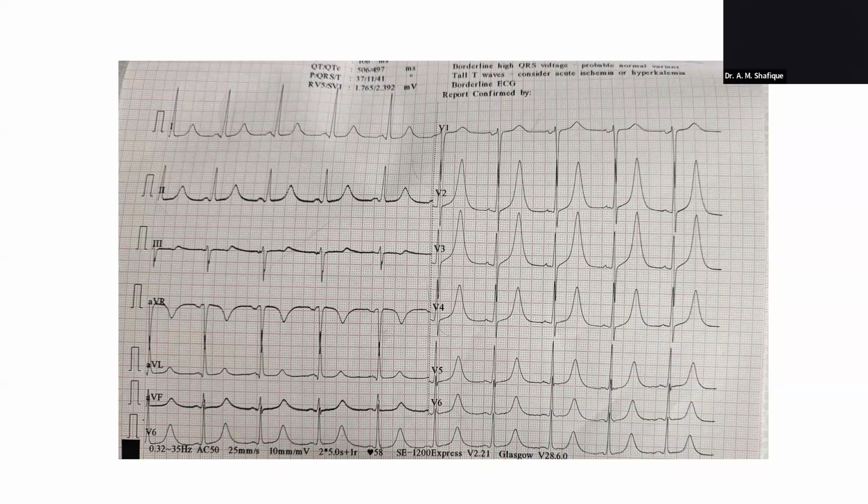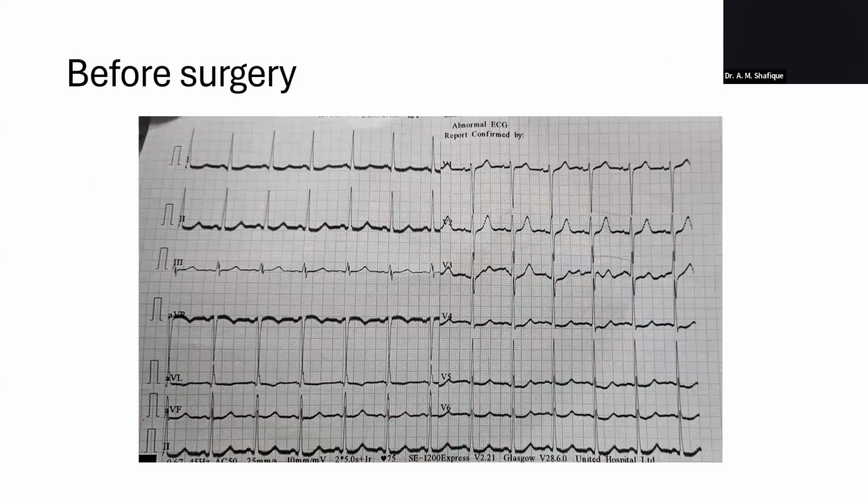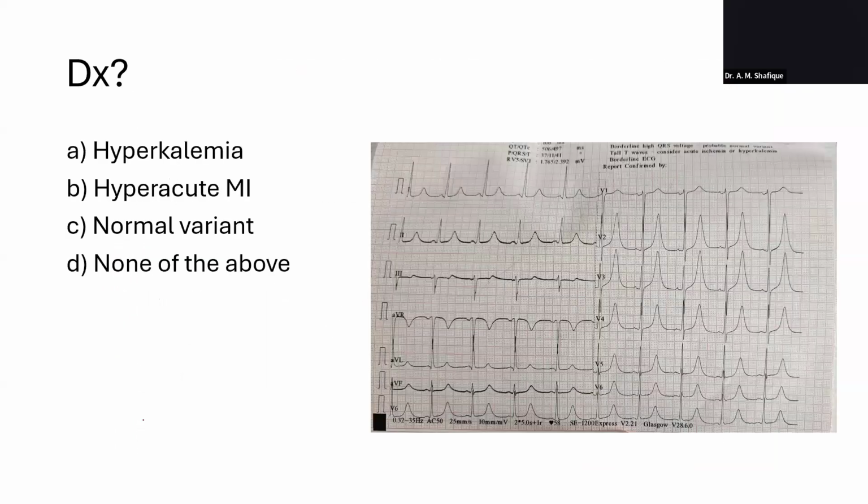Normally I could not fit this, because I have seen her previous ECG. This is the 2-day ECG, which comes to normal, and this is her previous ECG before surgery. So this is really difficult. How can I put the diagnosis? It is hyperkalemia or hyperacute myocardial infarction.